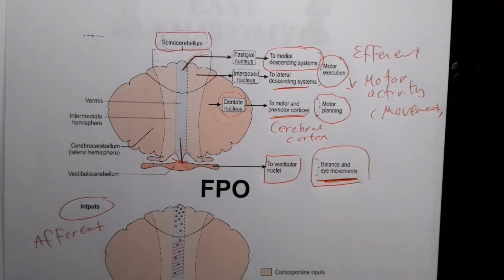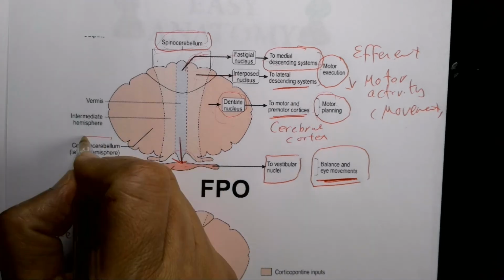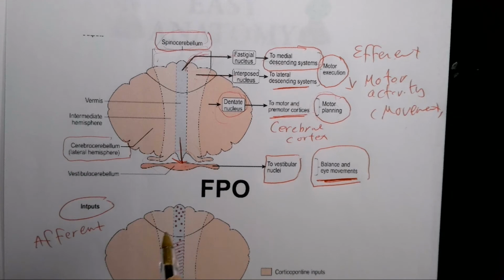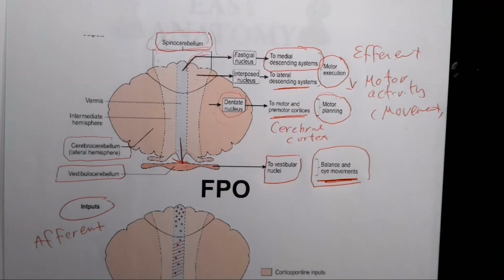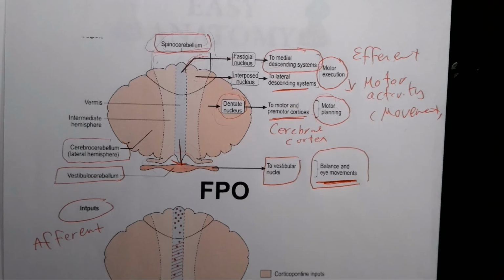Okay, so we have the cerebrocerebellum, the lateral one, the vestibulocerebellum, and the spinocerebellum. So this is a functional division of the cerebellum.